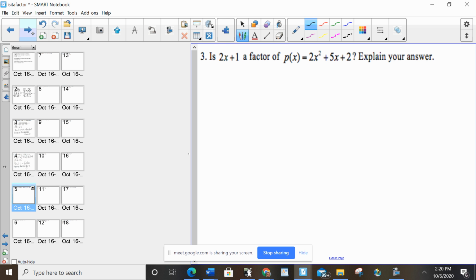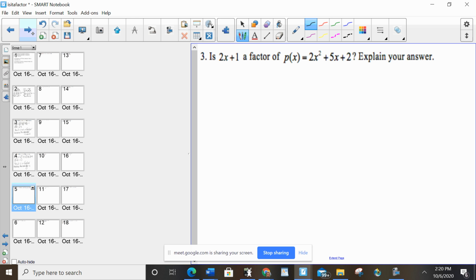Now, number 3 has a little twist to it, so let's take a look at number 3. I wouldn't be super concerned about number 3, but we're going to talk about it. To determine if something's a factor, I need to substitute the opposite of it into the function. What's the opposite of 2x plus 1?